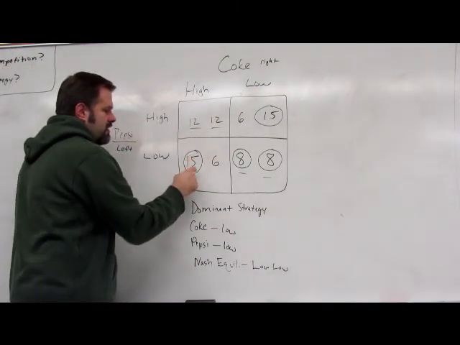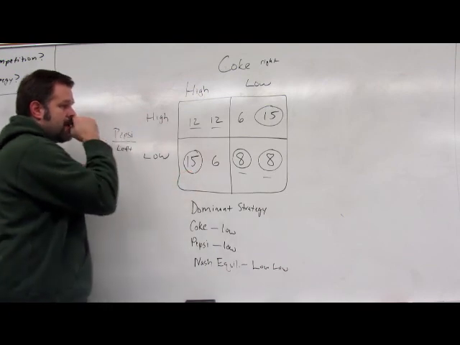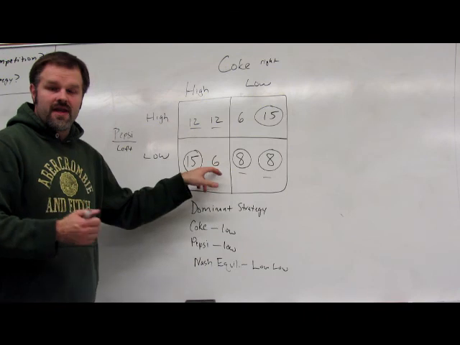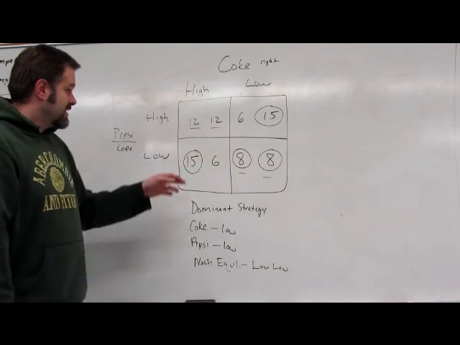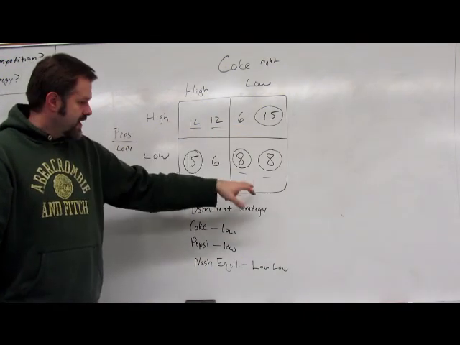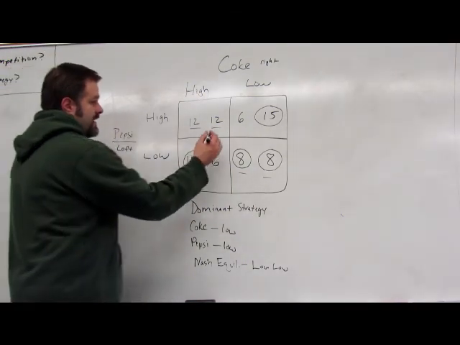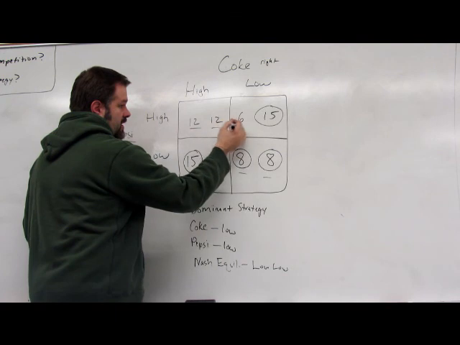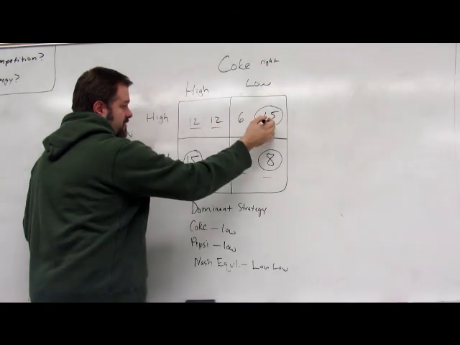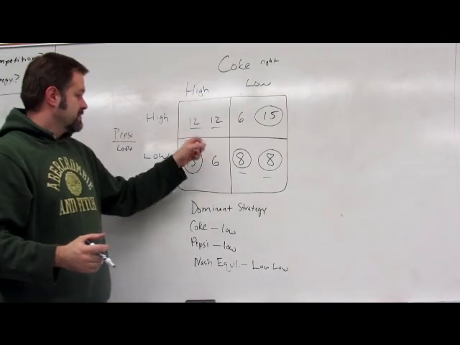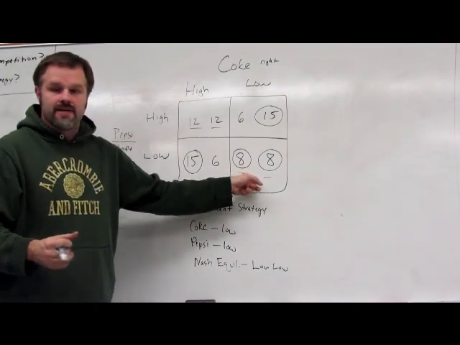You can go from 12 to 15, and you would knock your competitor down to a 6. That sounds great, except that eventually they're going to do the same thing, and you're going to end up down here anyway. This guy could lower their price and go to 15, which would knock Pepsi down to 6. But then Pepsi's going to cut their price and they go to 8.